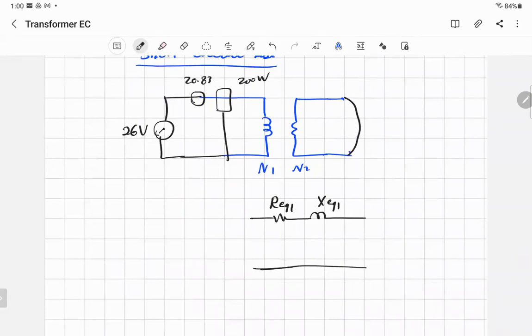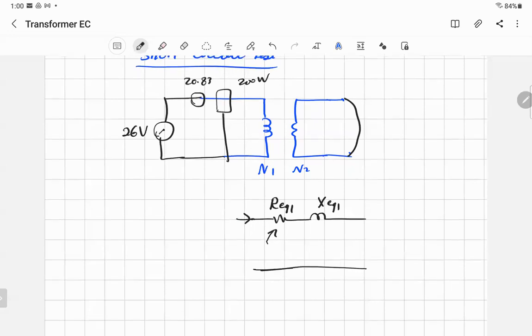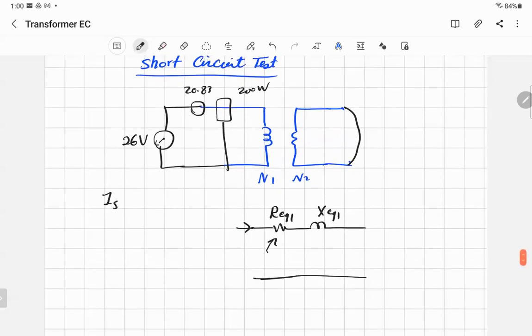So what do these measurements mean? First of all, the wattmeter reads only consumed power, which is related to R only. And you know that the short circuit current was 20.83 amps. So the short circuit power you measure is the copper loss, which equals I short circuit squared times R equivalent 1.